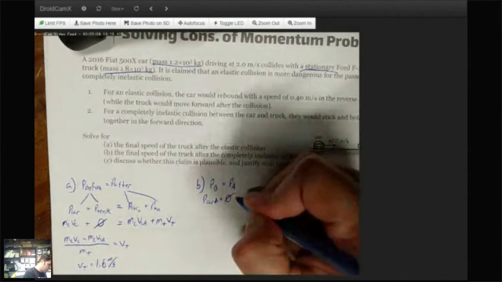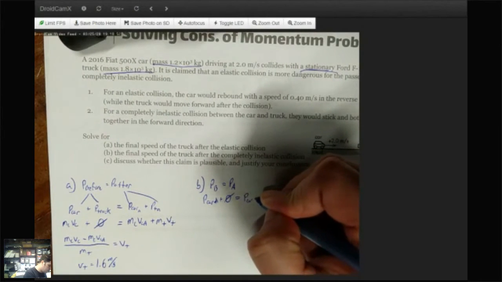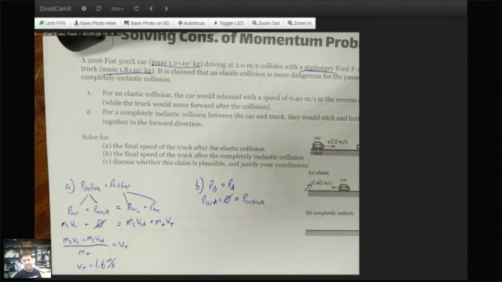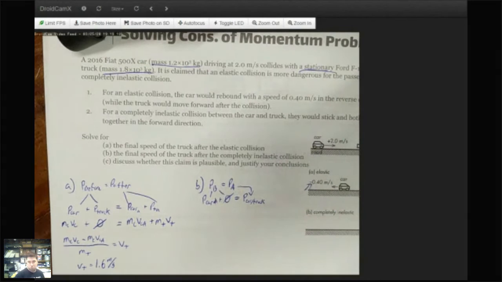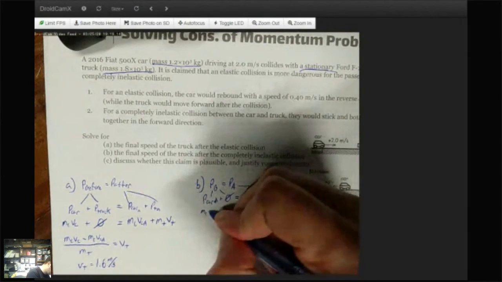The difference here is afterwards, the two things are stuck together. So instead of having two separate terms for the momentum, I only have one. I just have momentum of the car and the truck stuck together as one unit. So two objects beforehand, but only one object afterwards. So this becomes M_C V_C.